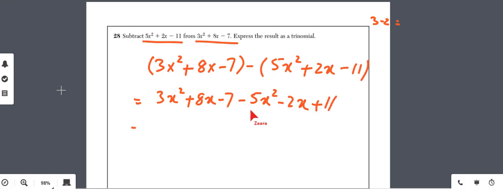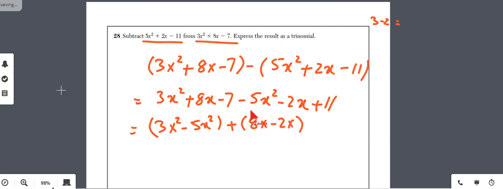Now let's arrange the like terms. So it will become 3x squared, negative 5x squared, plus 8x minus 2x, and then minus 7 plus 11.